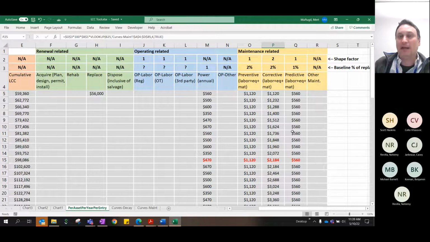So it may be a more cost-effective regime if we intervene a little early, before this asset actually reaches these higher incurred maintenance costs. I don't know if that helped, but that's how I would use this output. It's almost like a business case in that regard.